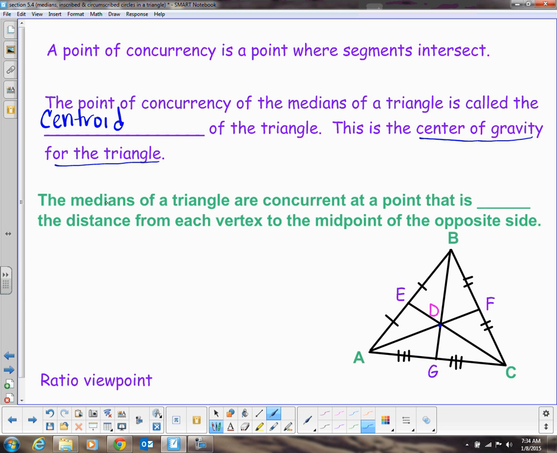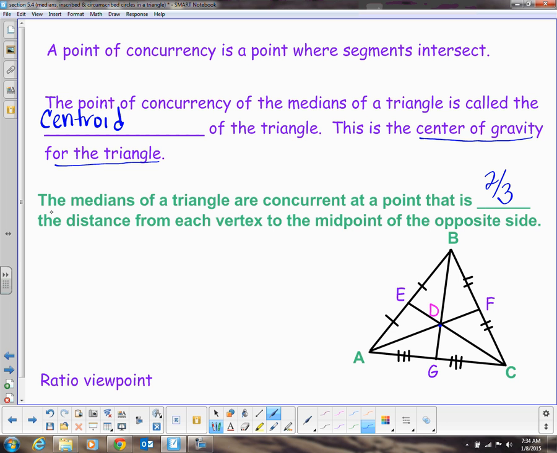All right, the medians of a triangle are concurrent at a point that is blank the distance from each vertex to the midpoint of the opposite side. That is, they are concurrent at a point, and that point is some fraction of the distance from each vertex to the midpoint. And that is 2/3, I believe.